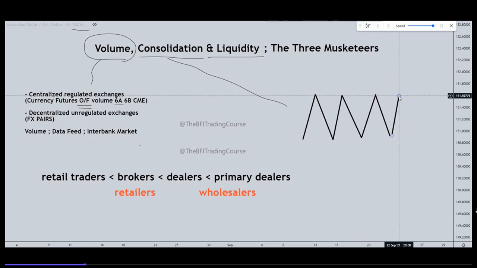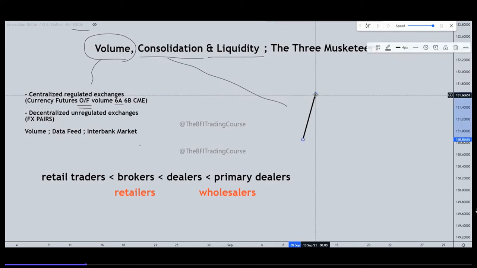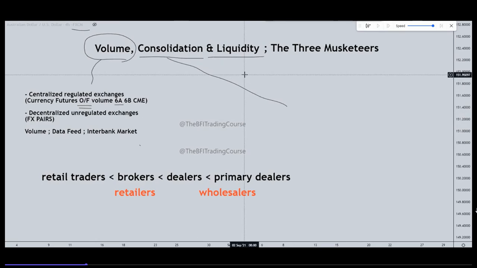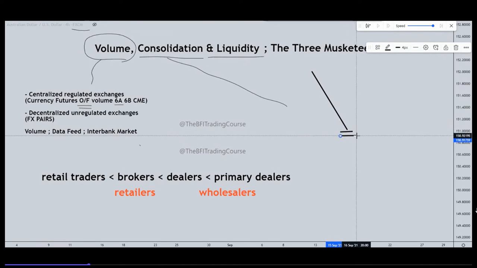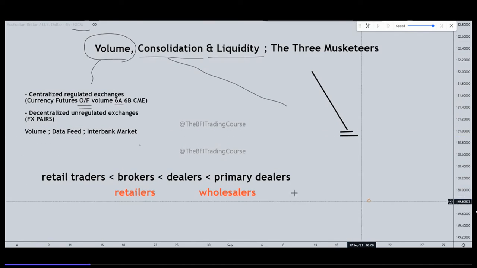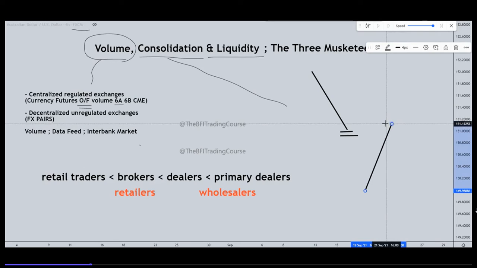But let's simplify it a little bit more. How do you think a BFI or a big institution can buy and sell? Do you think the price drops and then they're real scared to miss out, so they then sell? Or do you think the price shoots up and then they're real scared to miss out, so then they buy?